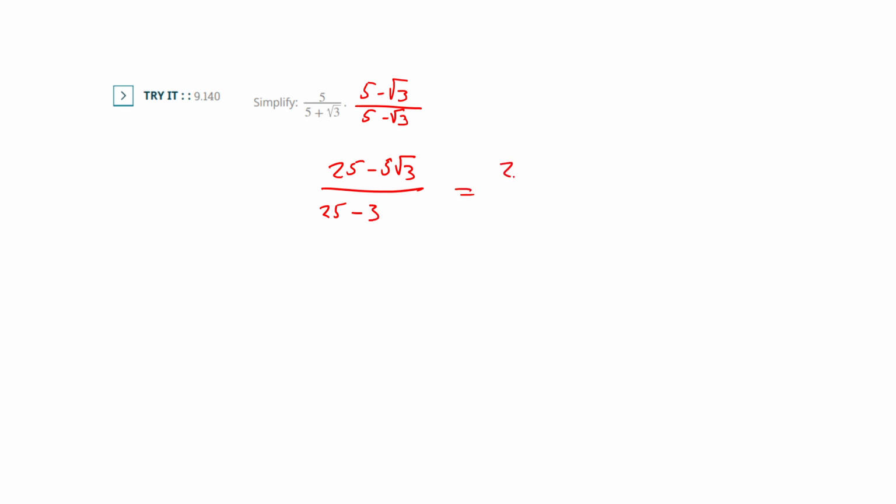So I've got 25 minus 5 square root of 3 over 22. Now I would check to see if I can factor this down and reduce it. So the top does have a common factor of 5, but there's nothing on the bottom to cancel it with. So yeah, that's the best I can do.